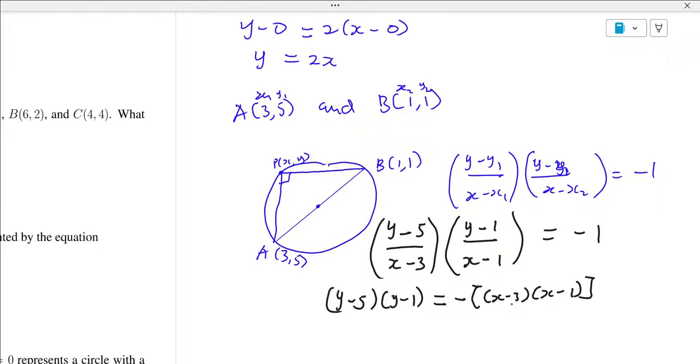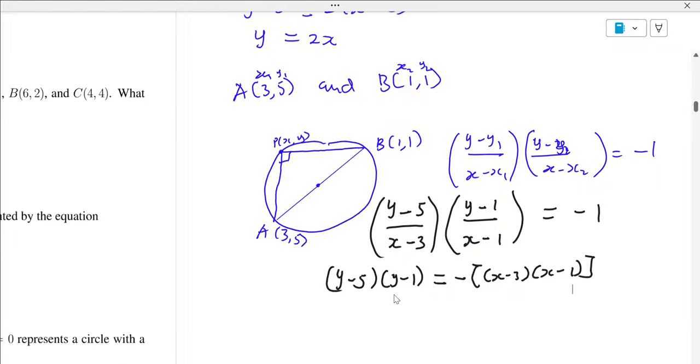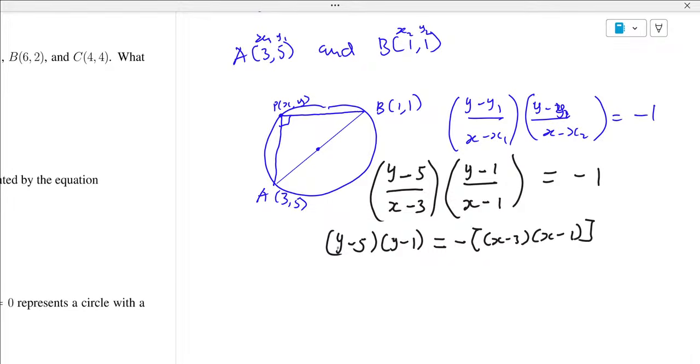This is what we have. Now if I simplify, let's expand: we have y squared minus y minus 5y equals negative. Now we expand this one: x squared minus x minus 3x plus 3. This is what we have.